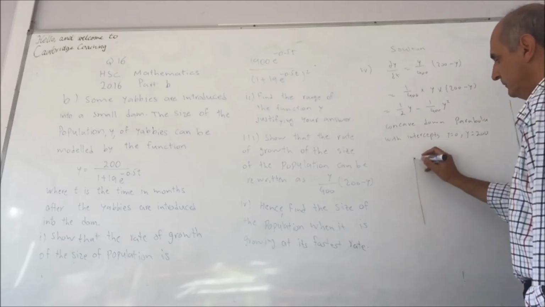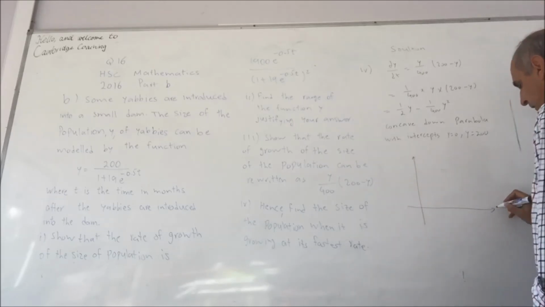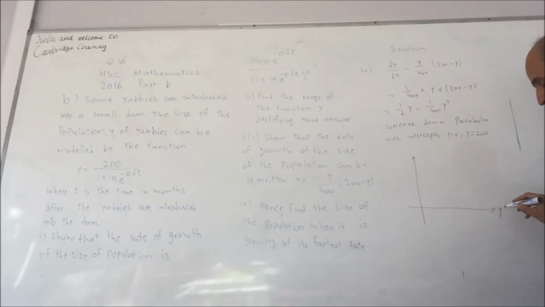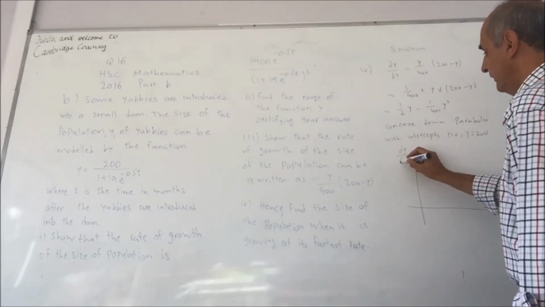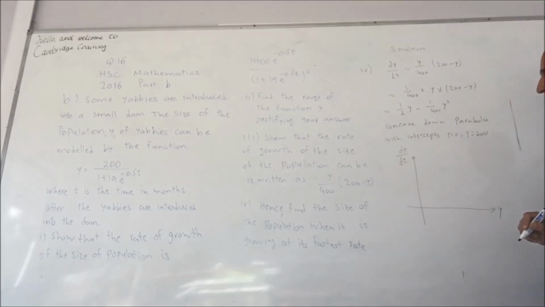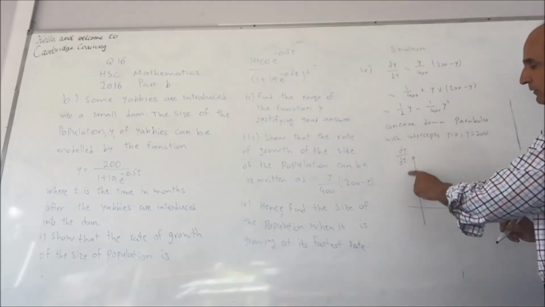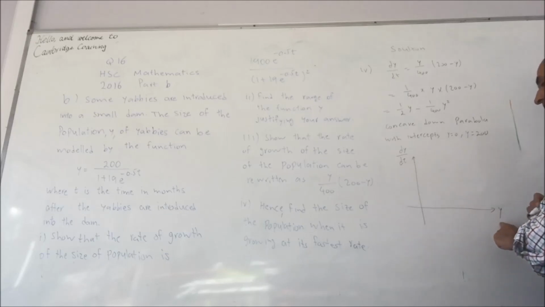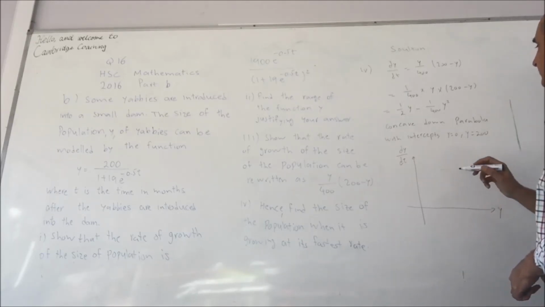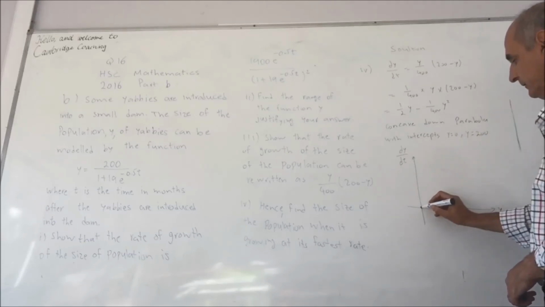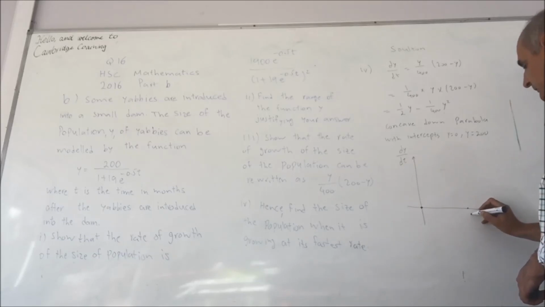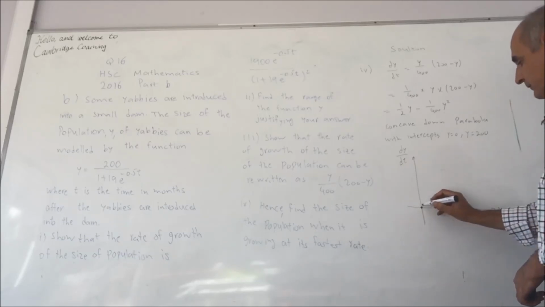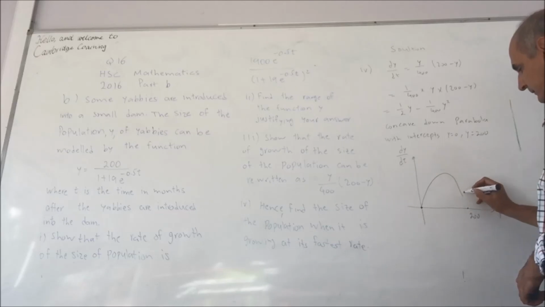So basically, if this is my y, and this is dy over dt, on the vertical axis I'm putting the value of dy over dt, and on the horizontal I'm putting the value of y. So I have one intercept here and one intercept at 200, and it's concave down, so it's going to be like that.